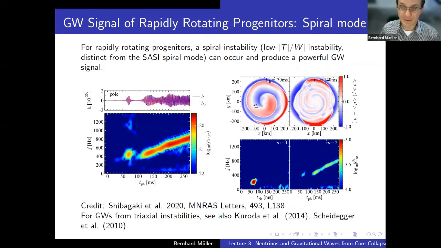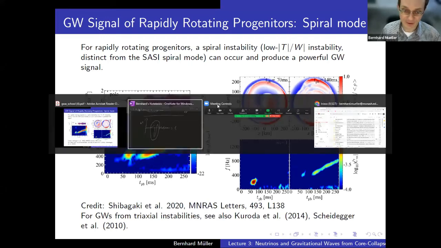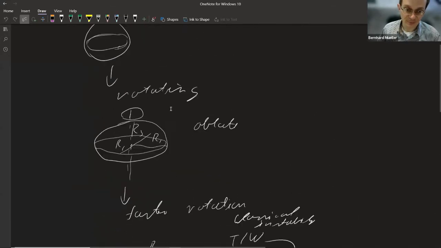Now, this is what you expect for non-rotating supernova progenitors. If you also allow for rotation, of course, you'll get this bounce signal, but you might also get these triaxial instabilities, which we discussed before.